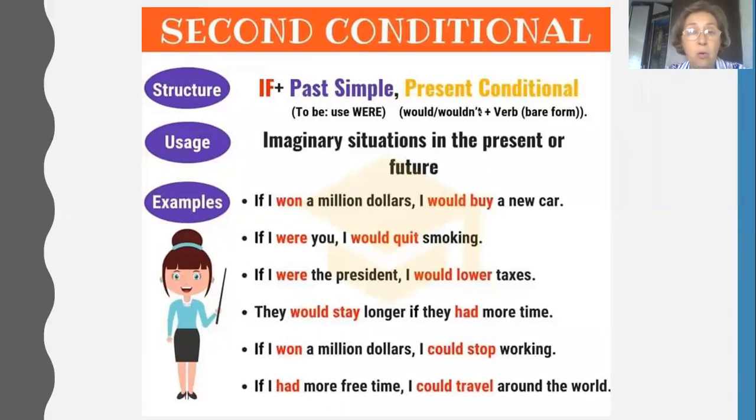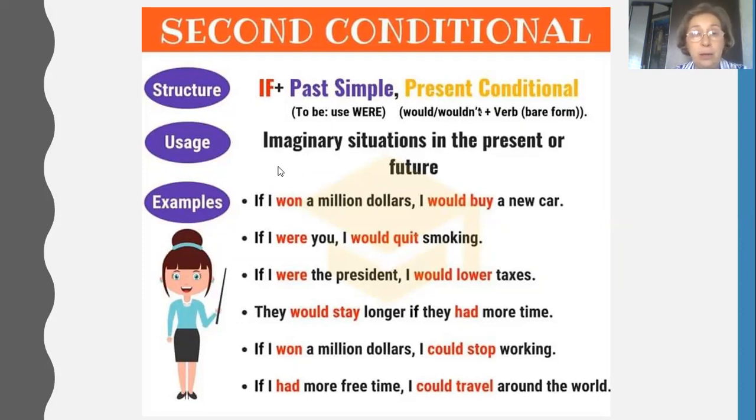In the main clause we use would or wouldn't plus verb, but in the if clause we use the past simple tense, and the verb to be should be used in the form of were with any kind of pronouns, like I were, he were, she were, it were.